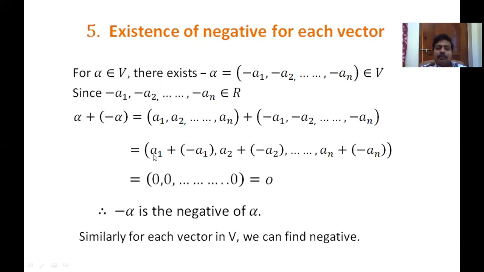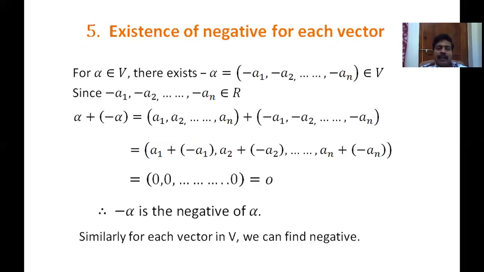So a1 and minus a1 are real numbers. a1 minus a1 is 0 and a2 minus a2 is also 0. Similarly an minus an is also 0. So it is a vector with all zeros, the n-tuple with all zeros. So it is our O, zero vector O, as seen in our previous case.